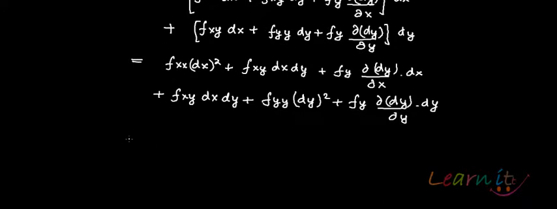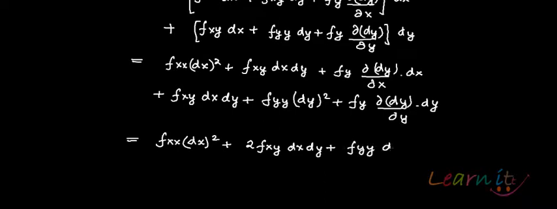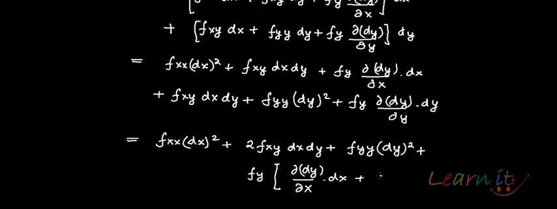This you will have. Now taking all the like terms together, what you will have is f of xx dx square plus 2 f of xy dx dy, f of yy dy square plus, you take f of y common, and what you will have is del of dy by del of x dx plus del of dy by del of y into dy.